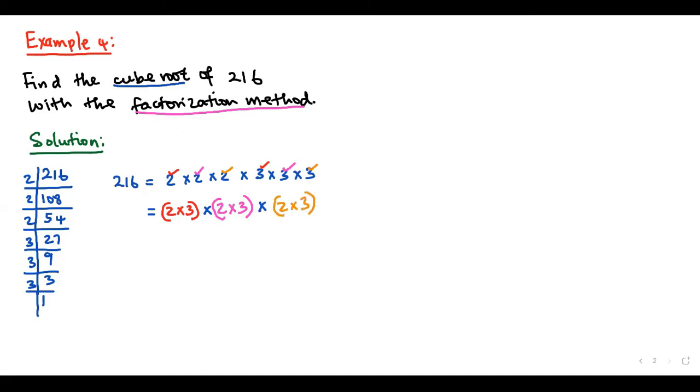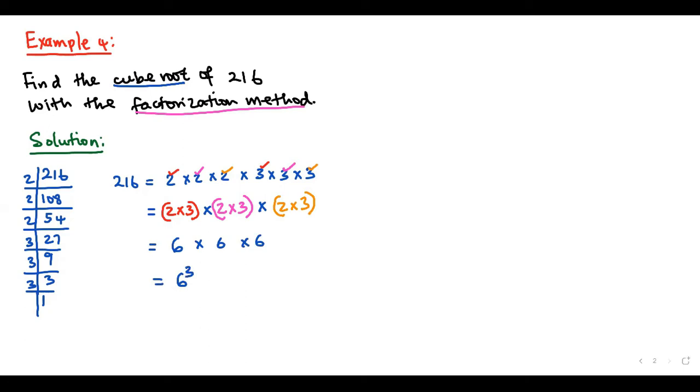Okay, so now you can see that we have 3 equal groups, because 2 times 3 is 6. Even 2 times 3 is 6. Even this one is 6. So we are having 6 times 6 times 6, which is the same as 6 cubed, or 6 to the power of 3.